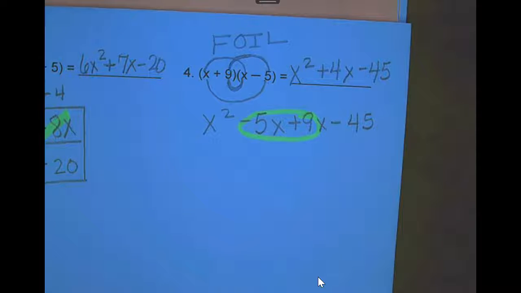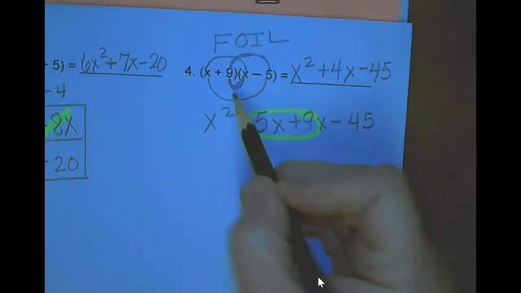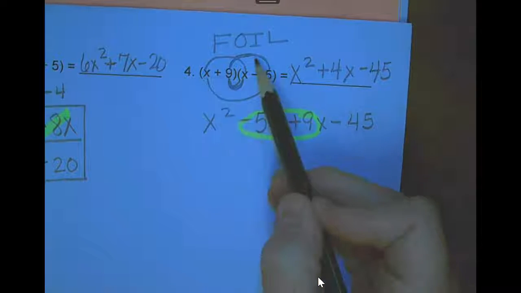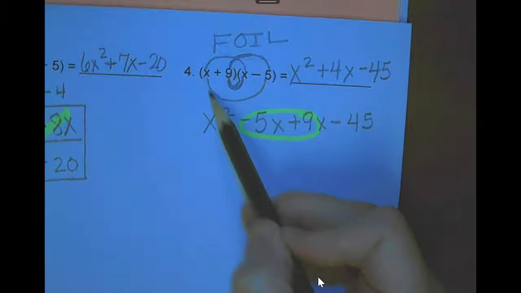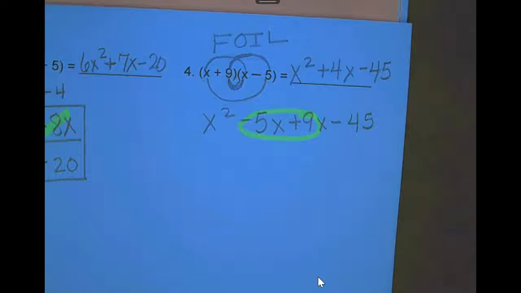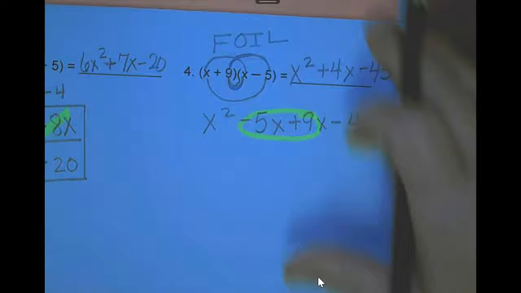And so my students in the past have been much more successful using a box problem, but if you know how to do FOIL, that's perfectly okay. And if you do the FOIL right, do you see the little happy face right here? There's the guy's ears and his eyebrows and his chin and his mouth. Do you see the happy face? Makes you happy if you do it right.